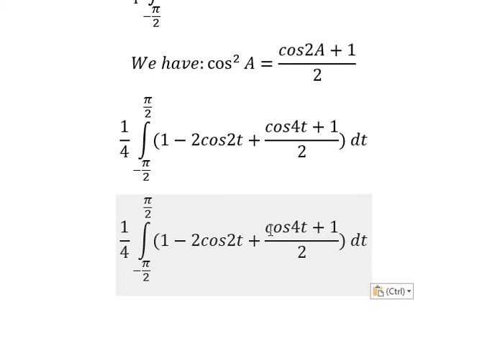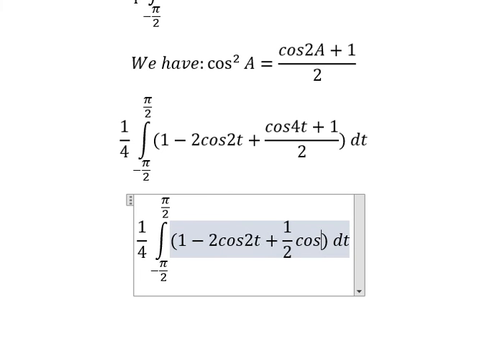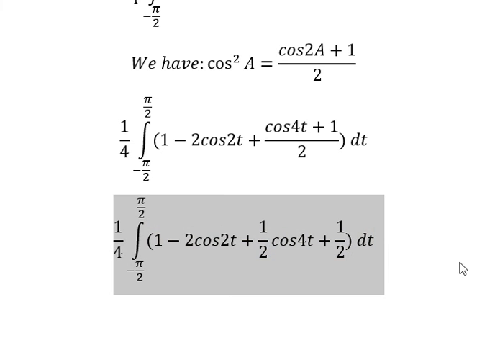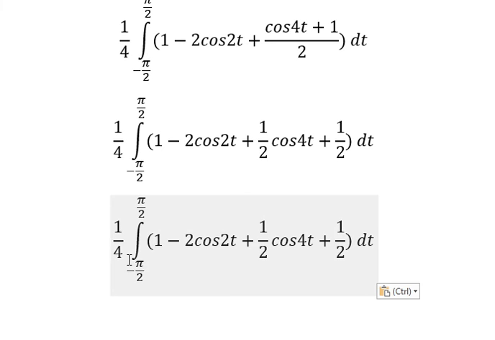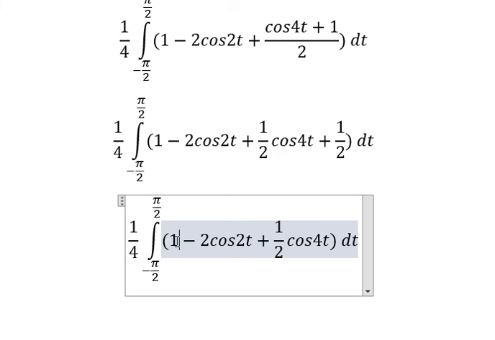So we have 1 over 2 multiplied by cosine 4t and number 1. 1 plus 1 over 2, that's 3 over 2.